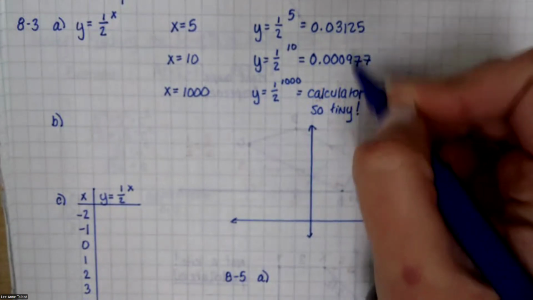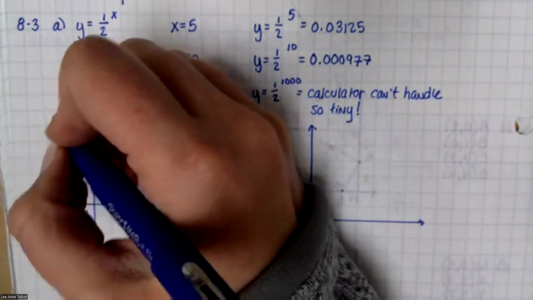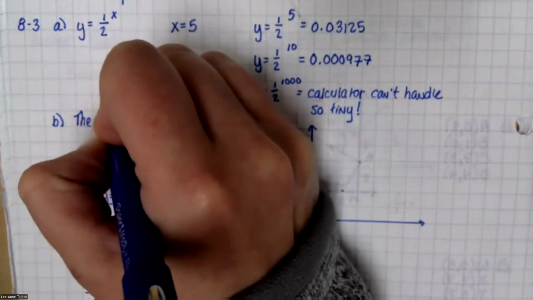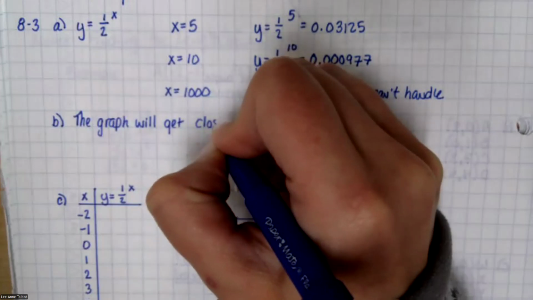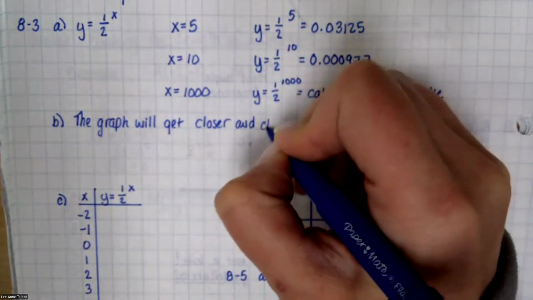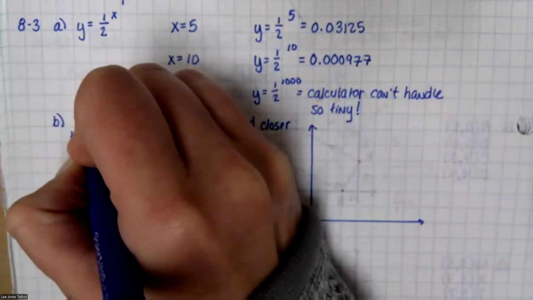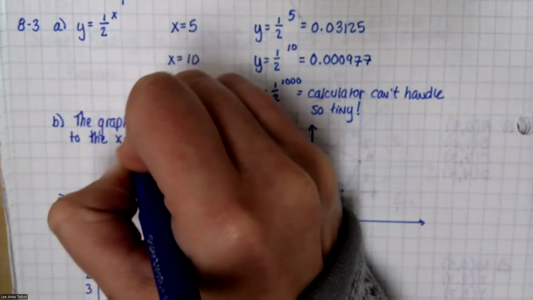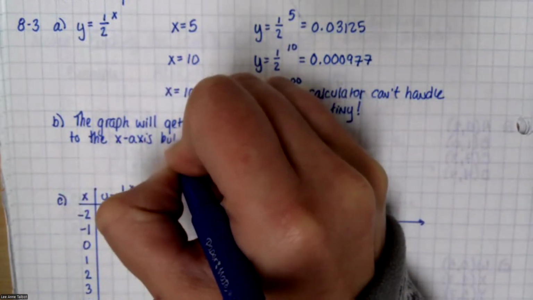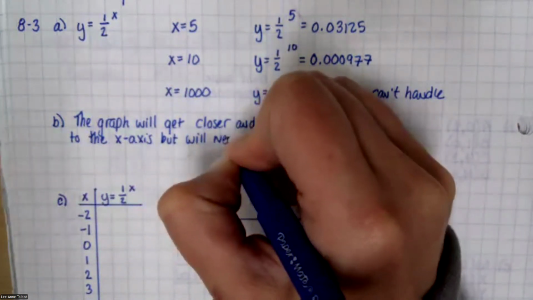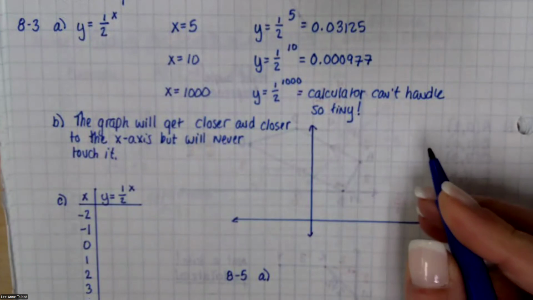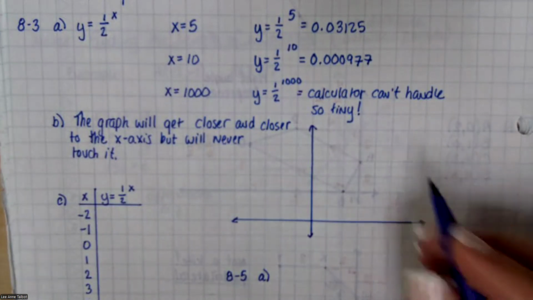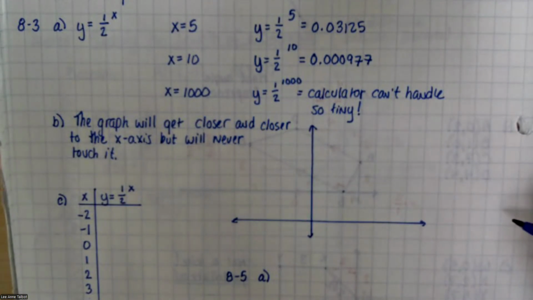Okay, now because this gets closer and closer to 0, how many E? E what? 102?